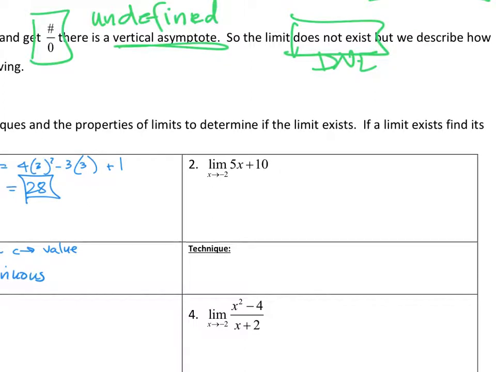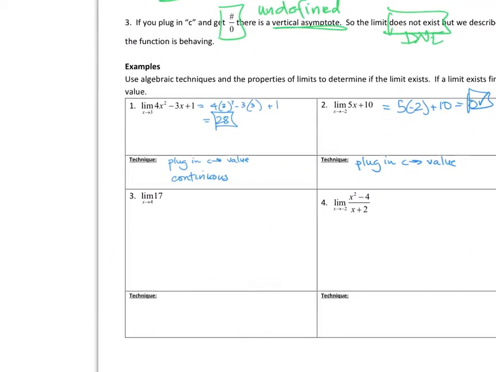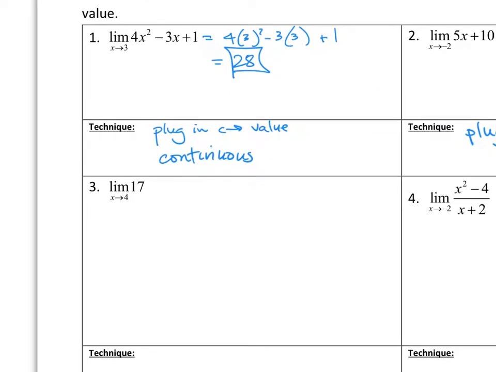In number 2, when we plug in the negative 2, we get the value 0. Now, is that the same thing as 0 over 0? No. This is the limit. So when we plug in c, we get a value. Taking a look at example 3, if you recall, a function that just has a constant is a horizontal line.